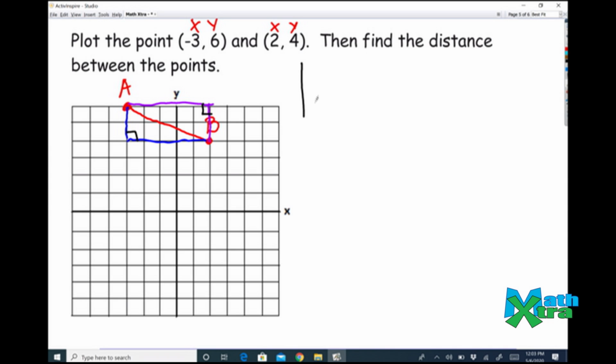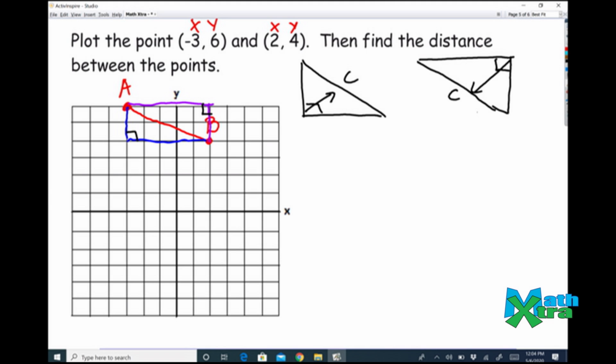So if I make this my right triangle, or if I want to use this one as my right triangle right here, I am still missing the side across from the right angle, which would be C. So I need to know what the legs are.